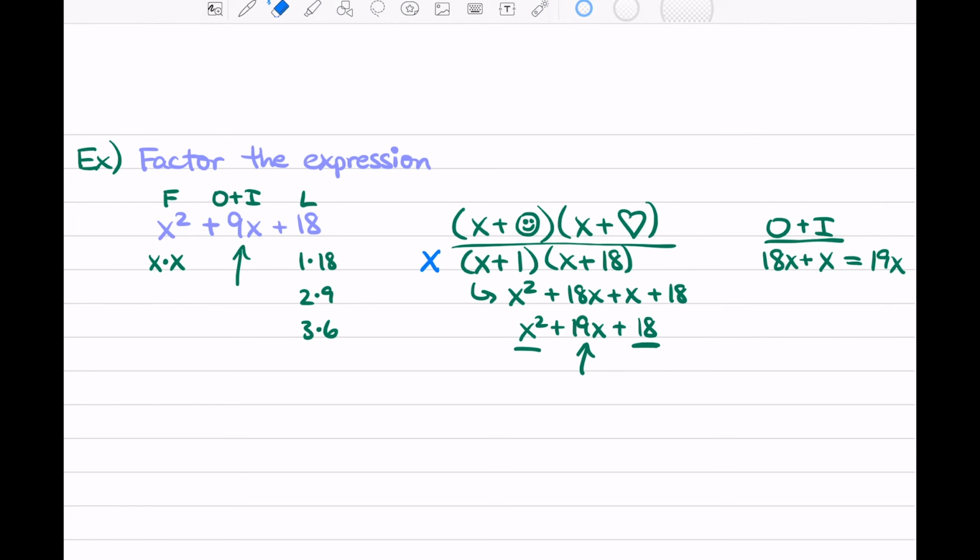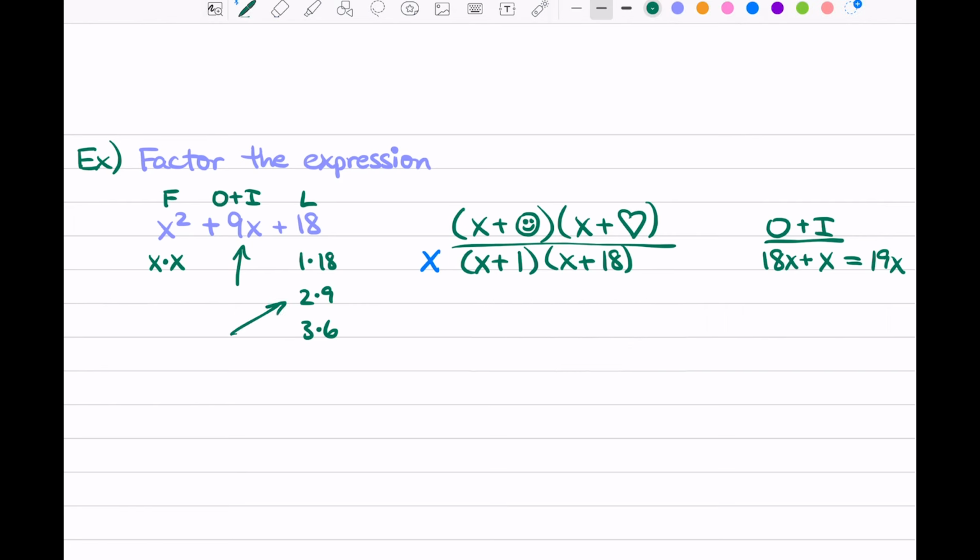So let's try another option for our smiley face and heart. Our next option says 2 and 9. So we could have x plus 2 times x plus 9. If we multiply this out, we would get our x squared from our first pieces, and we'd get our 18 from our last pieces.